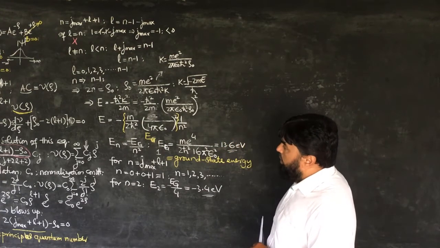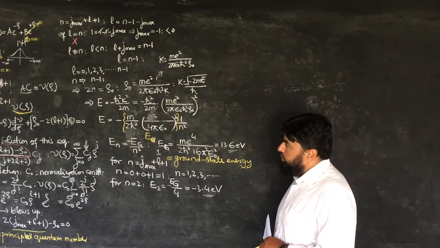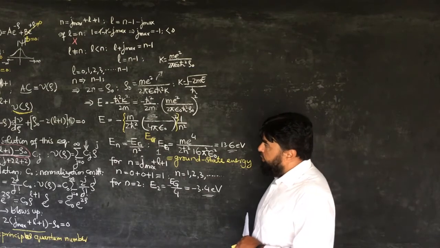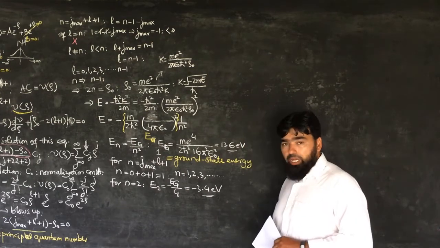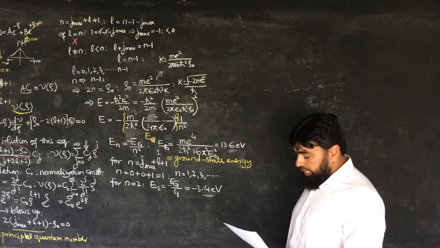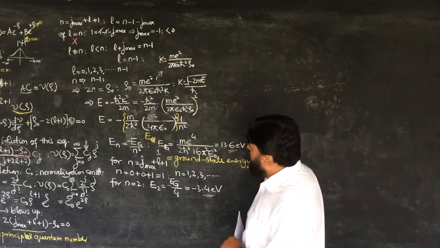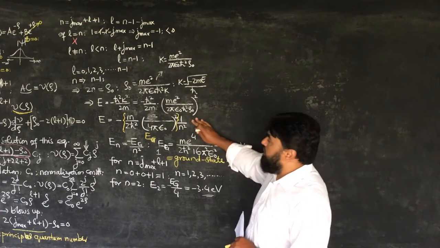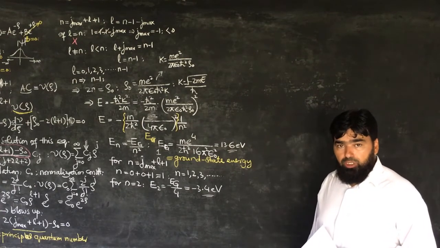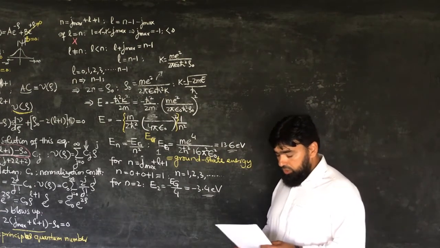So we started with the hydrogen atom and we solved the radial equation, and we have already solved the angular equation, and for the angular equation the hydrogen potential or the Coulombic potential wasn't required, so that solution will be valid for the hydrogen atom as well, as that is the angular solution. Now we know that in hydrogen atom we have considered a spherically symmetric potential, and our angular equation is also spherically symmetric.